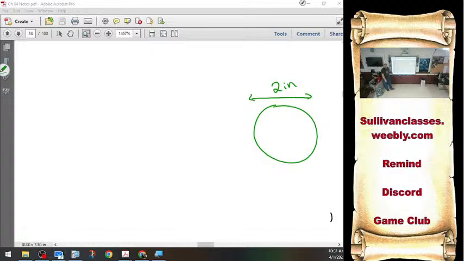Okay, maybe this is more like a tractor. The crankshaft in your car has a diameter of 2 inches. Maybe you just got a really, really big, beefy, Mad Max car. And you rev that thing up to 4,500 RPMs, revolutions per minute.